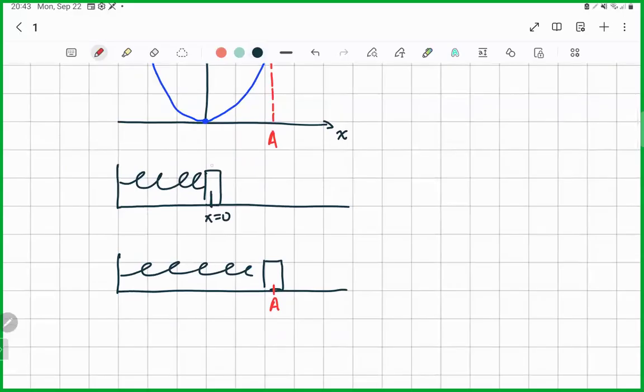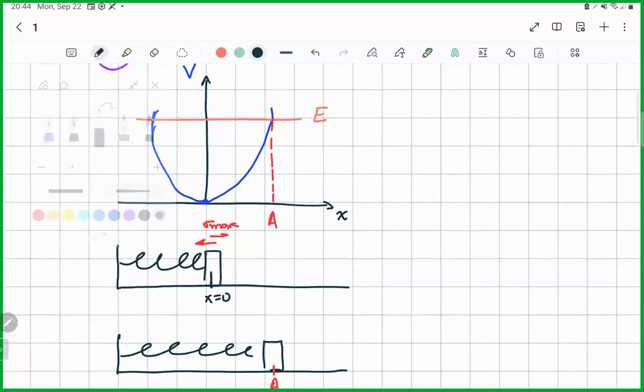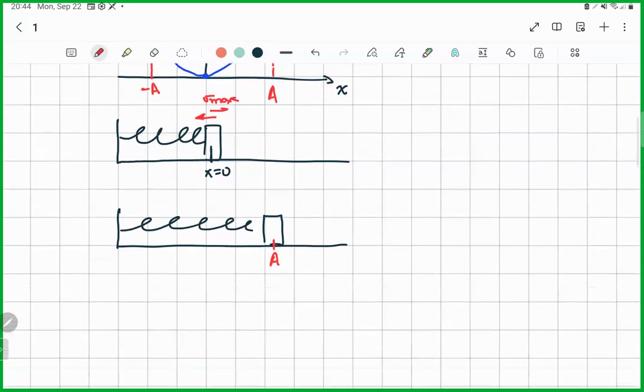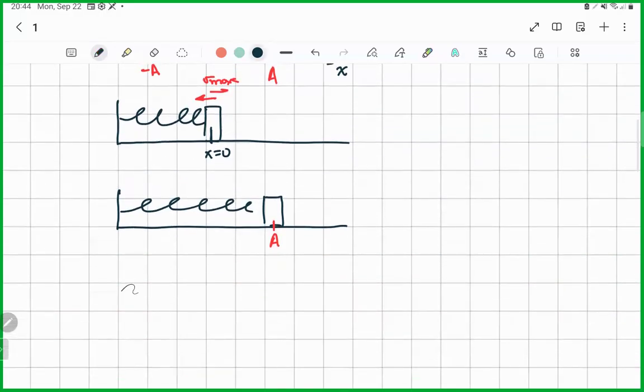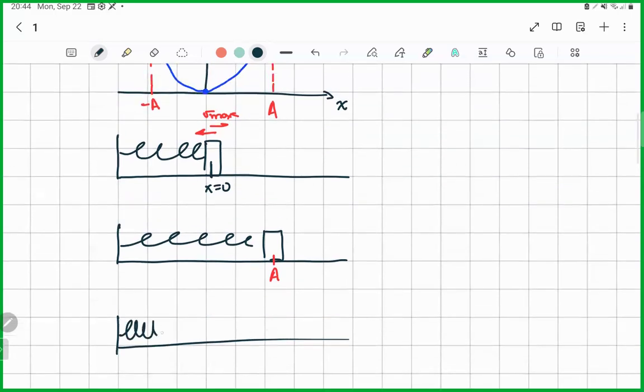Once it passes through this position 0, it will have the maximum velocity, right? Once it reaches the other extreme, minus A, it will stop. So let's make a plot for it here. Once it becomes maximally compressed and reaches this position minus A, it stops.